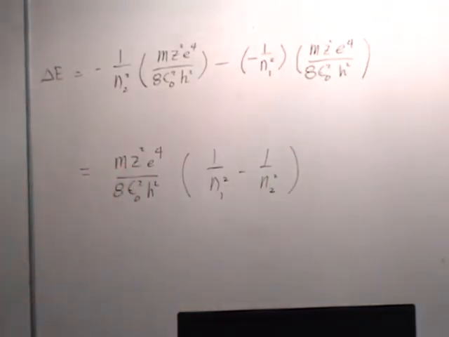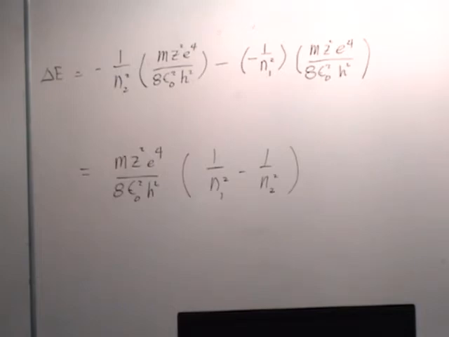Aha! Aren't we getting around to something that is beginning to look a little bit familiar to you? We're not exactly to your experiment, but we're almost there, aren't we? All we have to do is identify delta E in terms of wavelength.